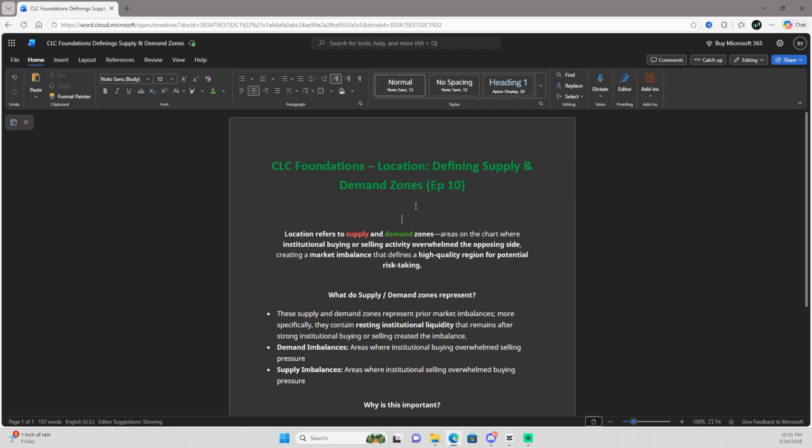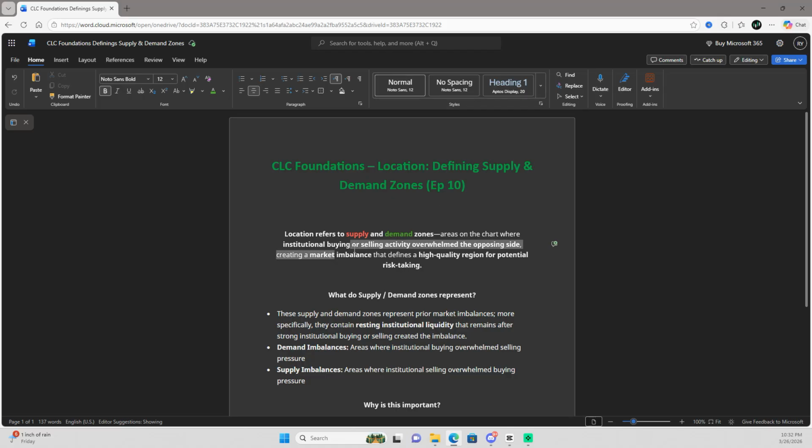So supply and demand zones are areas on the chart where institutional buying or selling activity overwhelmed the opposing side, creating a market imbalance that defines a high quality region for potential risk taking. So either buyers or sellers overwhelmed one another.